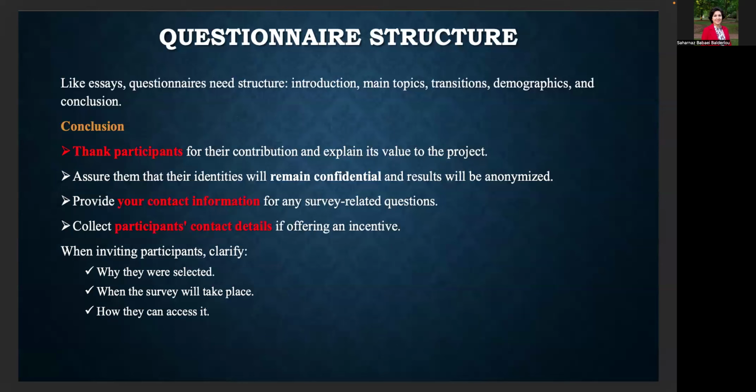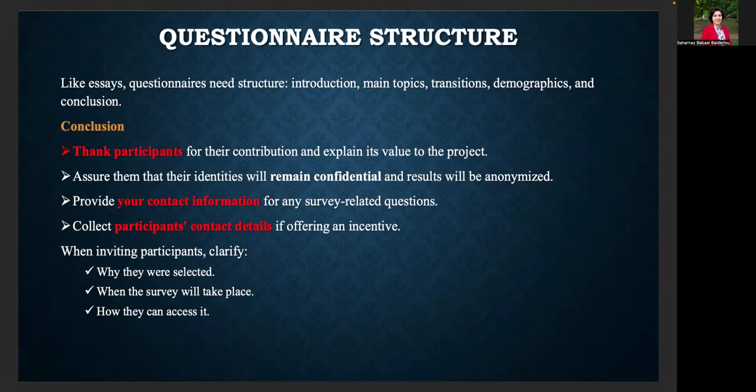End your survey by thanking participants, reminding them of confidentiality, and providing contact information. If incentives are offered, give instructions for how participants can receive those incentives, financial and non-financial incentives.